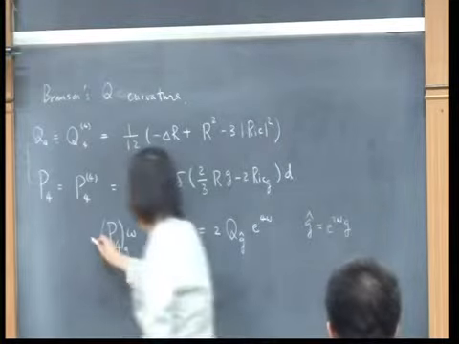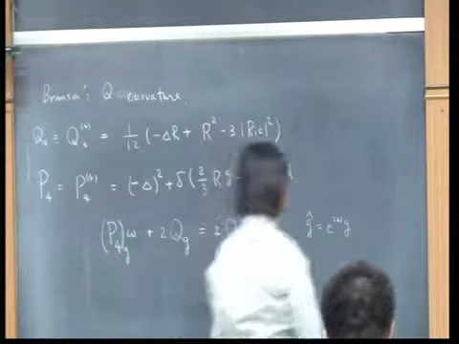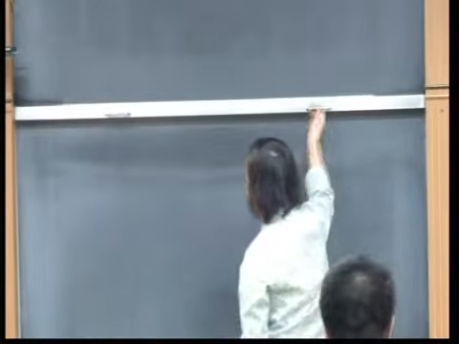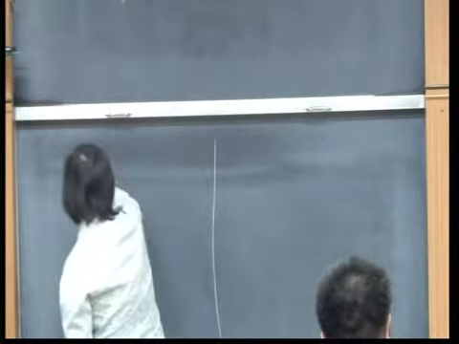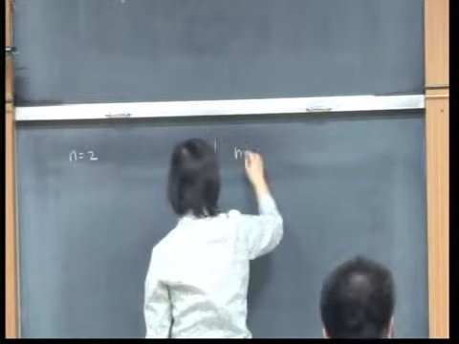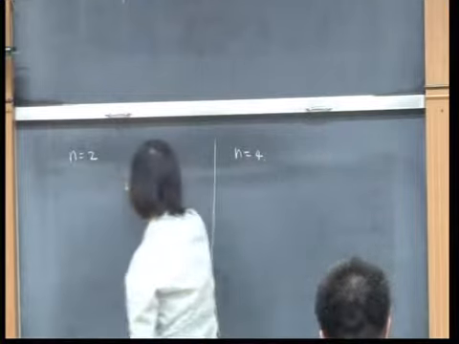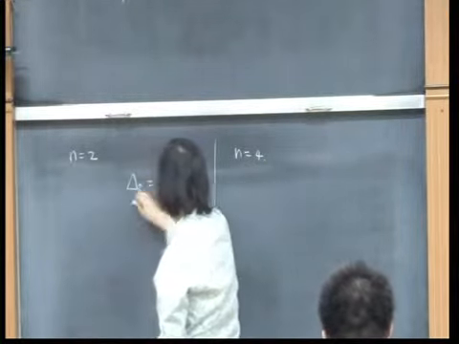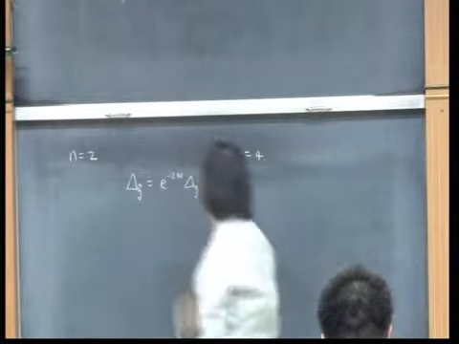And now one can draw a parallel program between n equals 2 and n equals 4. For n equals 2, we have the Laplace operator, which has the property that Laplace of g hat is e to the minus 2w Laplace g.